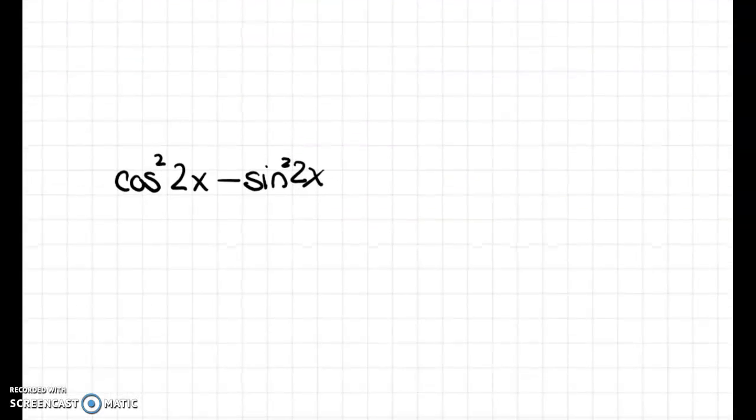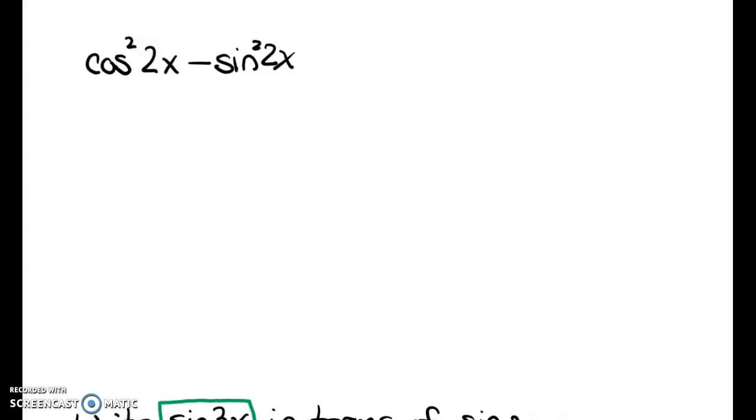All right. So now how about this one? This is an interesting one. It says cosine squared 2x minus sine squared 2x. Well, the only formula that I have that looks remotely like this is cosine squared A minus sine squared A equals the cosine of 2A.